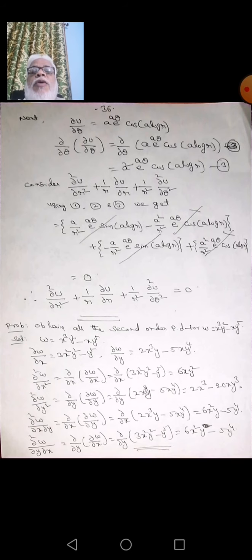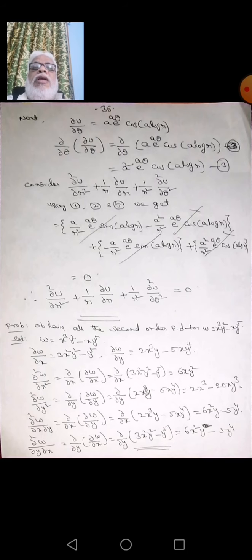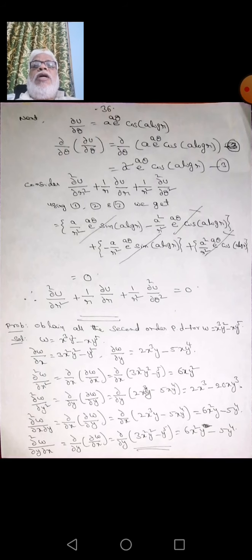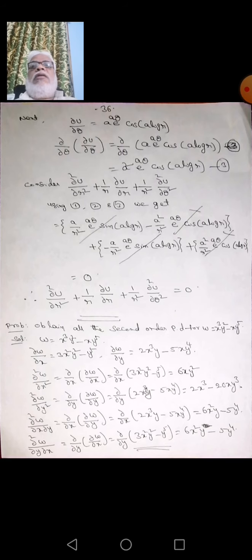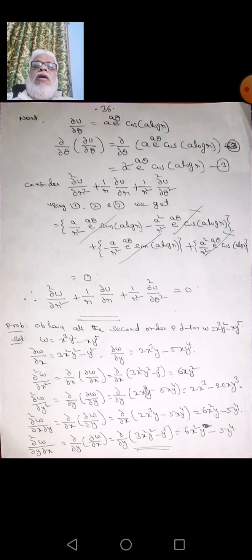So what is dou u by dou theta? Dou u by dou theta is a e power a theta cos of a log r, since the derivative of e power a theta is e power a theta, and the internal derivative of a theta is a. So dou by dou theta of dou u by dou theta is dou by dou theta of a e power a theta cos a log r.